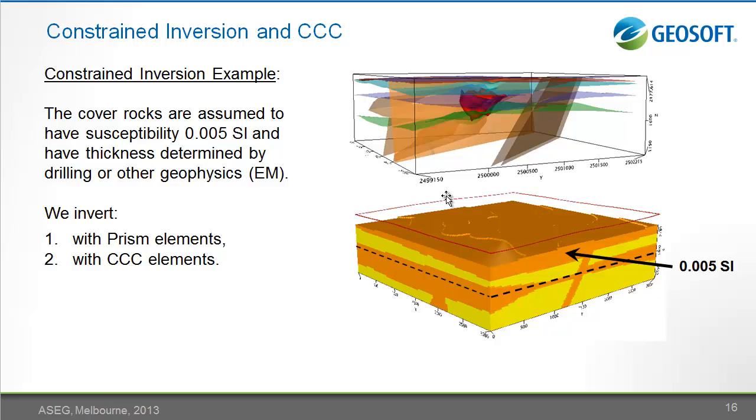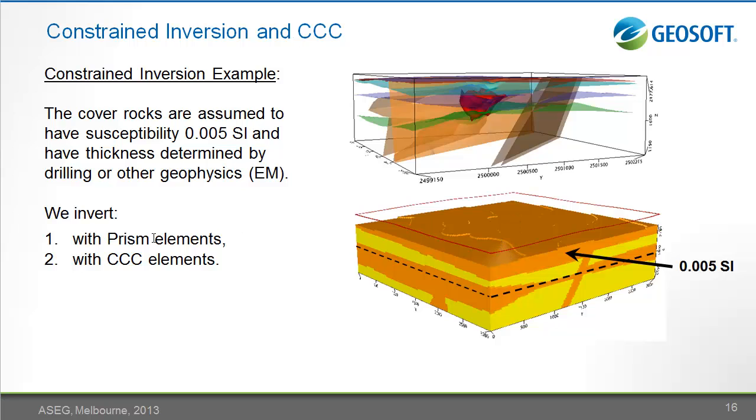So we're going to say, okay, if we know this cover sequence and we know its susceptibility, we're going to use that in our inversion, and we're going to invert for this ore zone. We're going to invert and see how well we can image this zone, and we're going to do it in two cases.